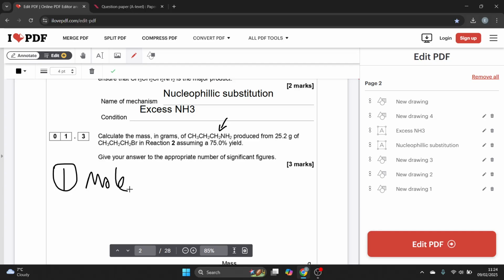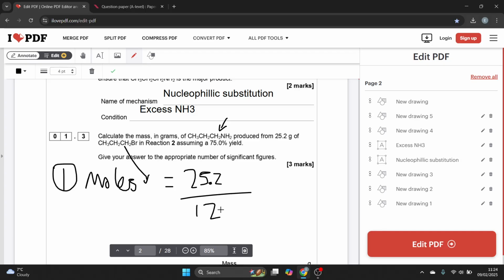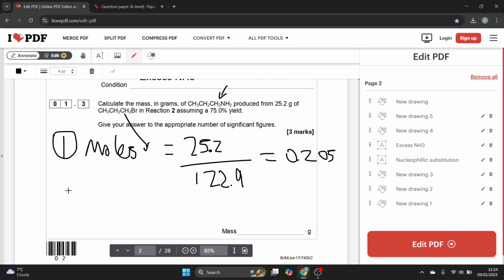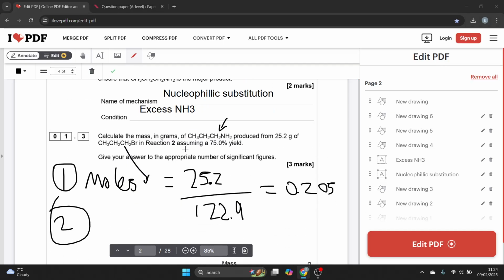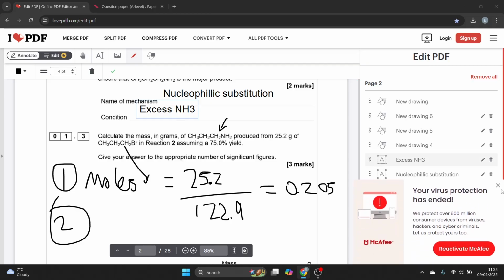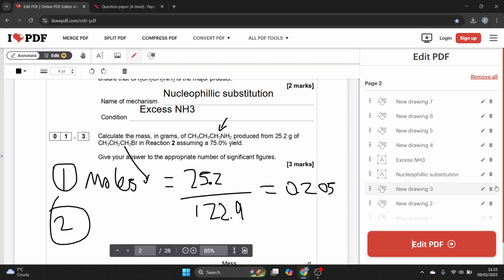I can quite easily find the moles by doing the mass over the MR. I feel like most students would get to that point. Then the second step is identifying that they both have a 1-to-1 molar ratio, so the moles of CH3CH2CH2NH2 is the same.